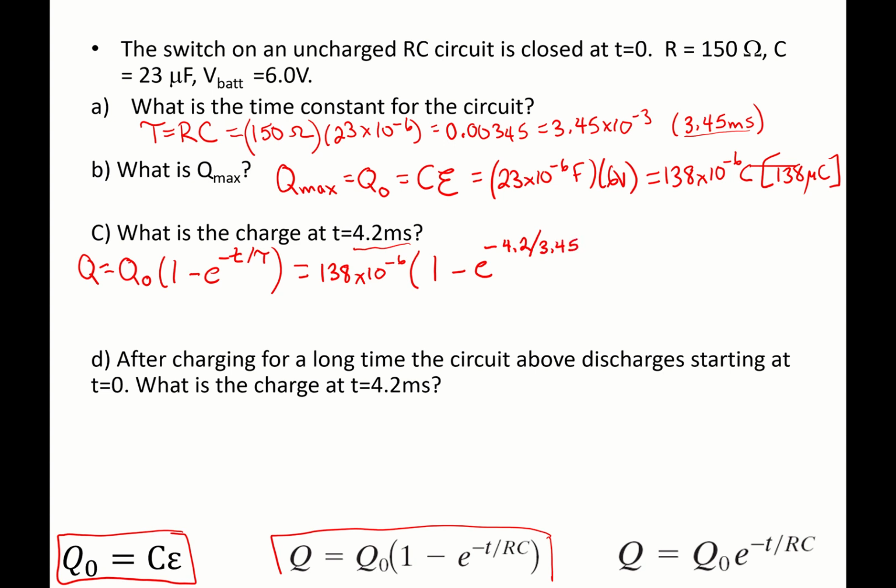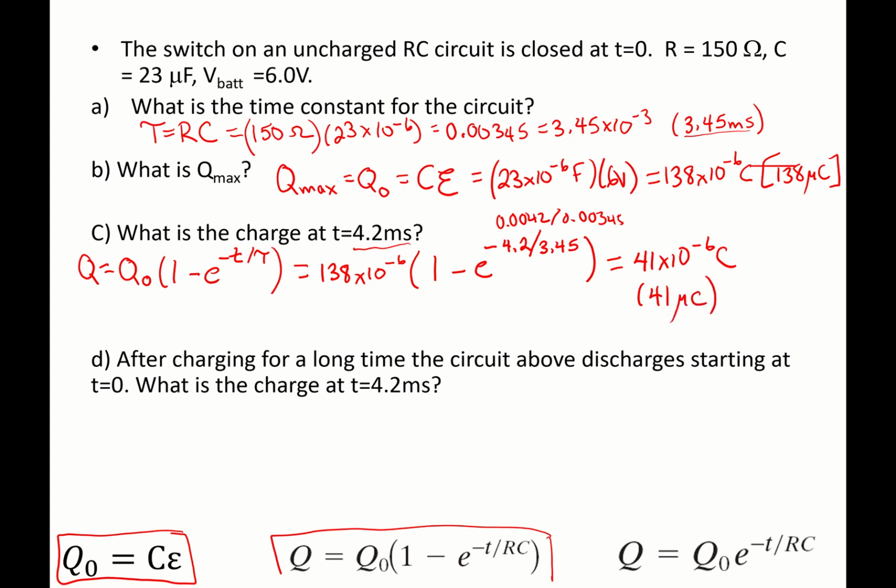And because I have these both in milliseconds, I just left it like that, but you could equivalently put 0.0042 divided by 0.00345. You get the same answer. So if I put that into my calculator, I get 41 times 10 to the minus 6 coulombs, or 41 microcoulombs.